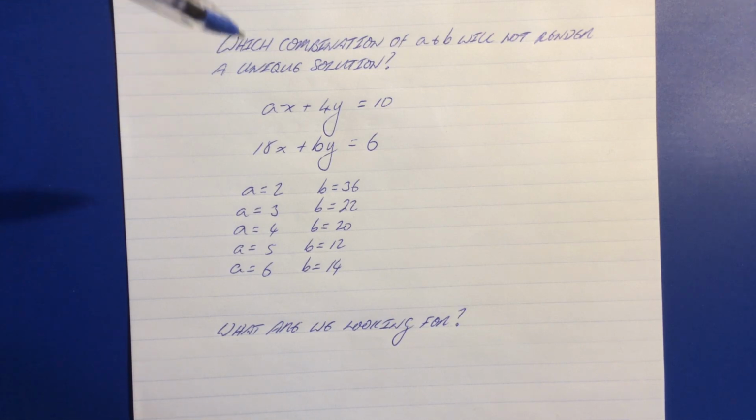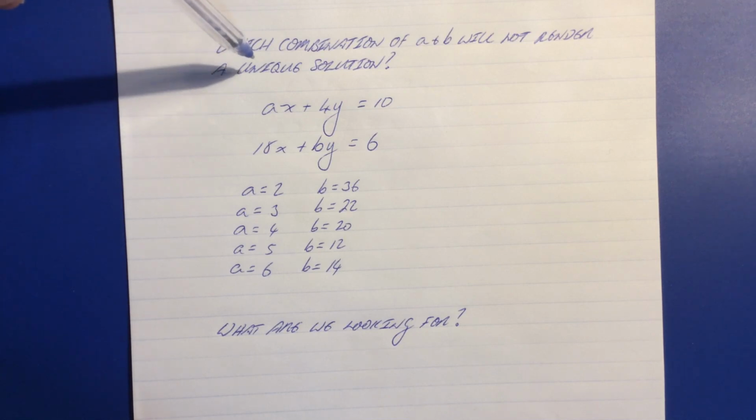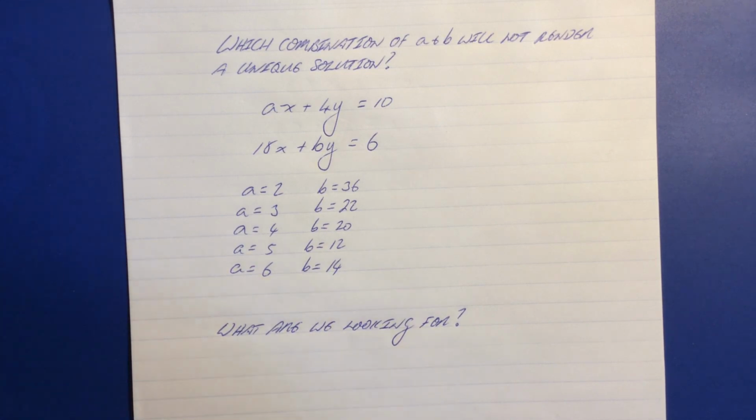We've got parallel lines, or we've got an infinite number of solutions, which is one line on top of the other: same gradient, same y-intercept. So, let's go to work. I'm going to tear off a piece of paper, so that's the noise you'll hear in the background, and use another pad to do my working on. So here goes.